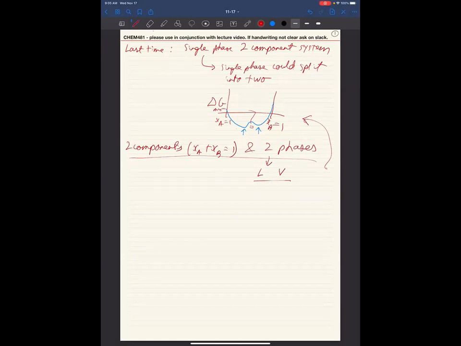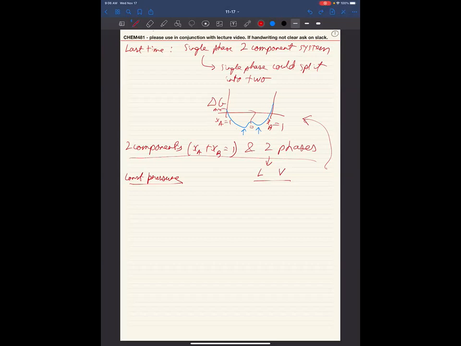So in order to do this, let's start very, very basic. We are talking about constant pressure, let's say atmospheric pressure. My question for you is, at constant pressure and at a given temperature, which state function should we look at in order to decide which phase will be more stable? Gibbs or Helmholtz?